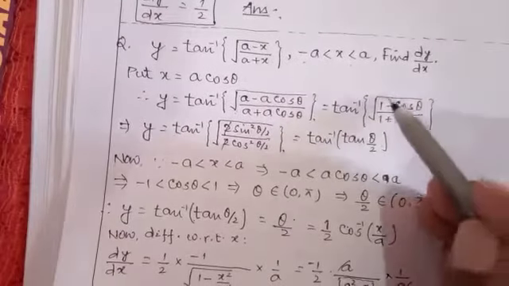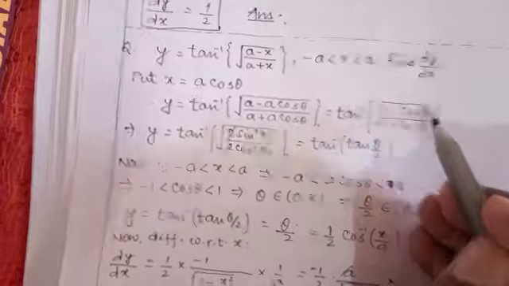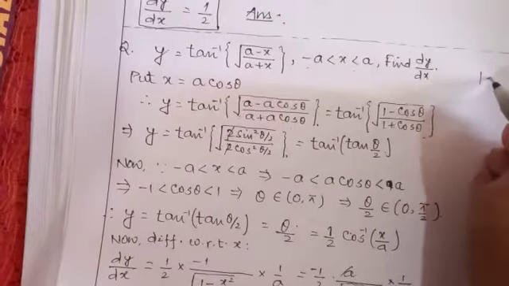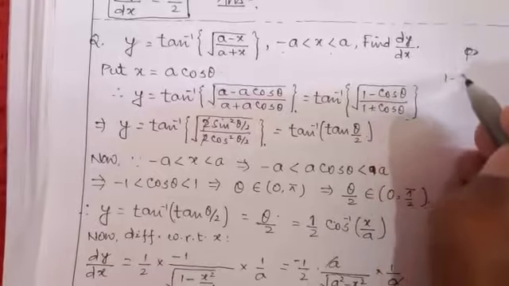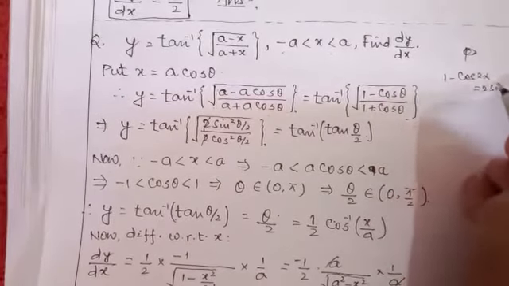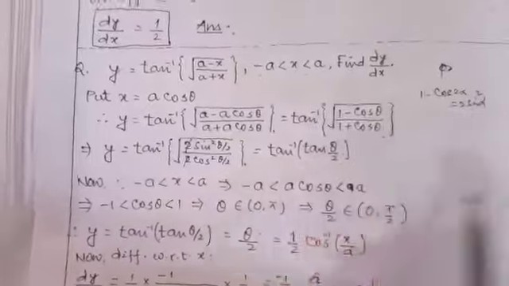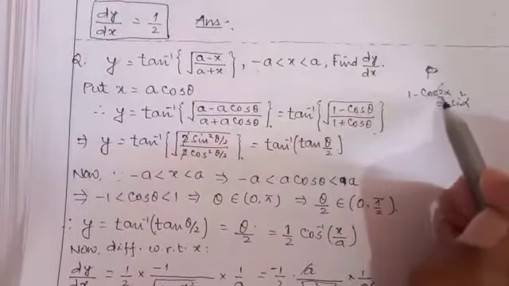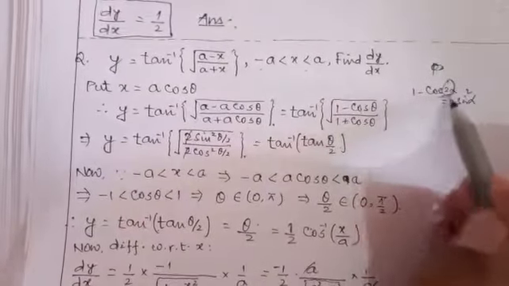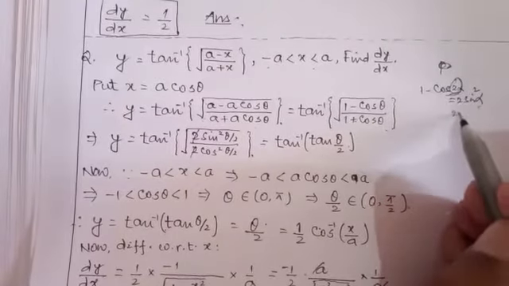We have solved so many problems. 1 minus cos 2 alpha, I am writing here. 1 minus cos 2 alpha is 2 sin square alpha, and put 2 alpha is equal to theta, then alpha is equal to theta by 2.